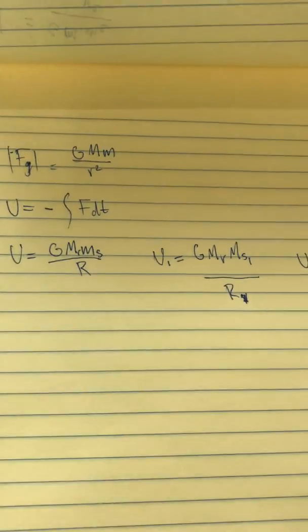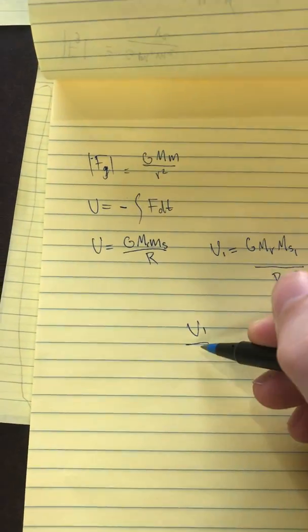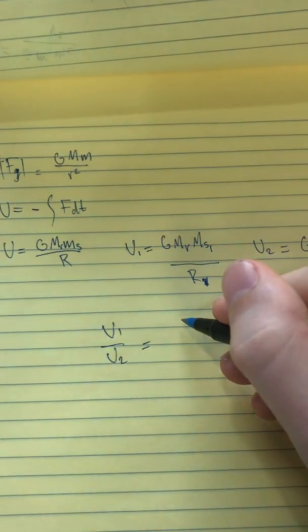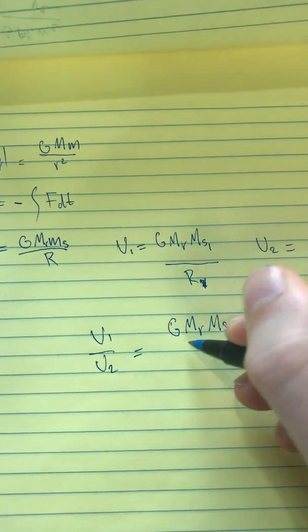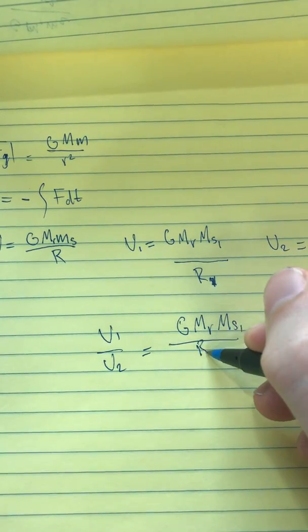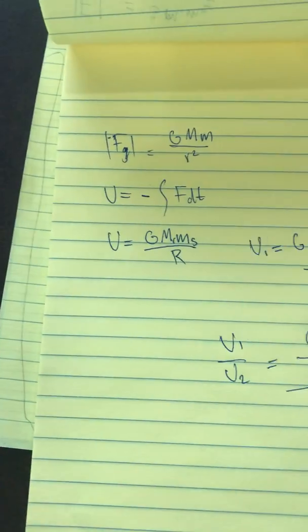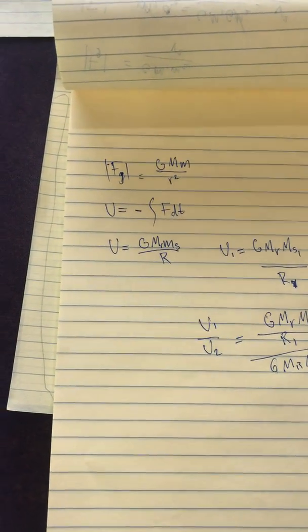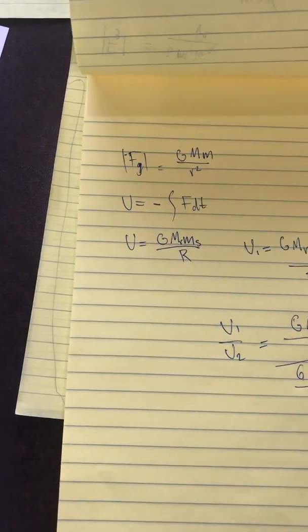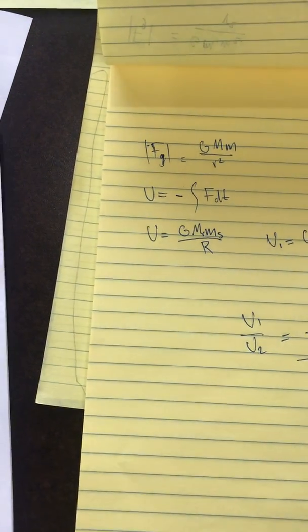So now the problem just asks U1 over U2. So all we have to do is divide these. So G M planet m satellite 1 over R1, over G M planet m satellite 2 over R2.